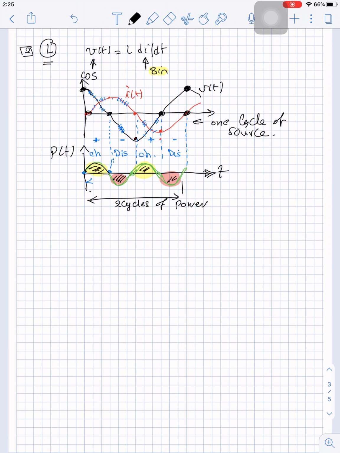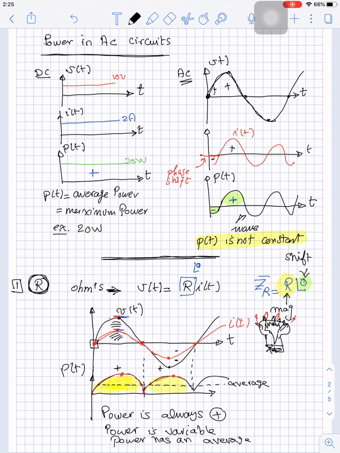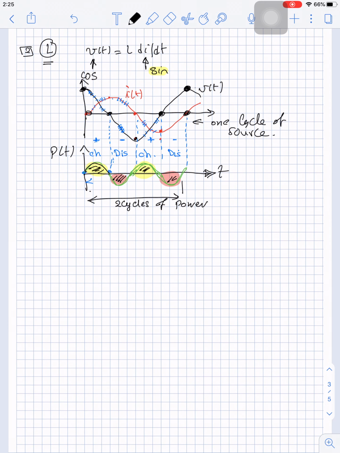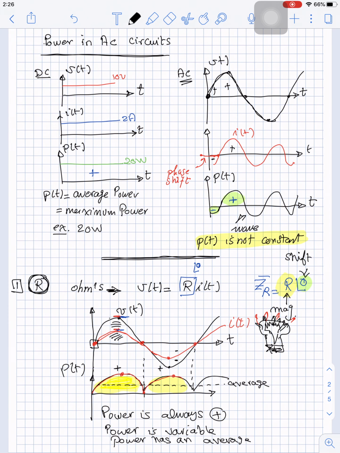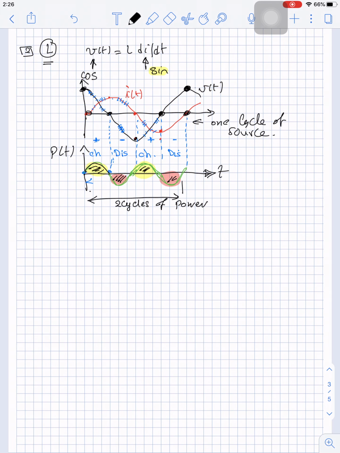But now we have another concept for the power. We cannot treat the power here for R the same as the power here for inductance. The power of the resistance is one way. It's converted to heat, to a non-electrical form. So this power is dissipated. So this power is productive. The power inside the resistance is productive. But the power inside the inductance is not productive.